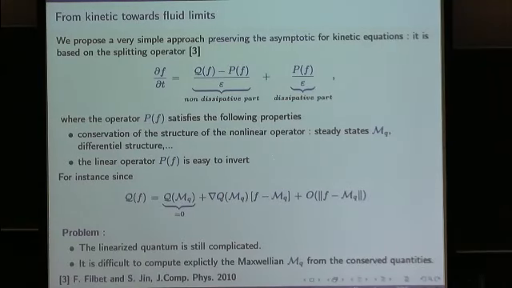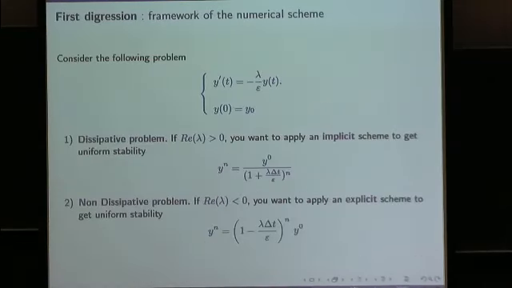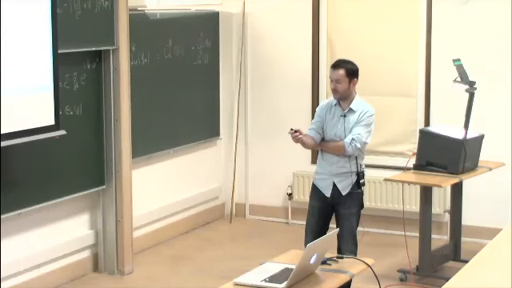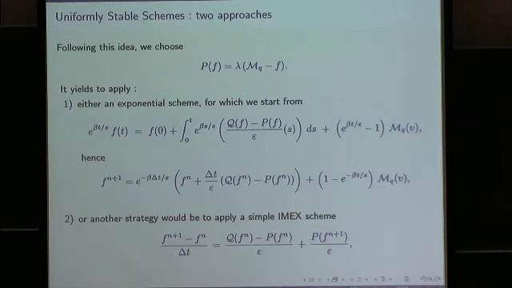So this term will be treated implicitly, and the non-dissipative part will be treated explicitly. Actually there are two approaches. The first one: you just take P of f equal to a BGK operator where lambda will be computed later, and you have to think that lambda is large enough so that the operator Q of f minus P is non-dissipative.